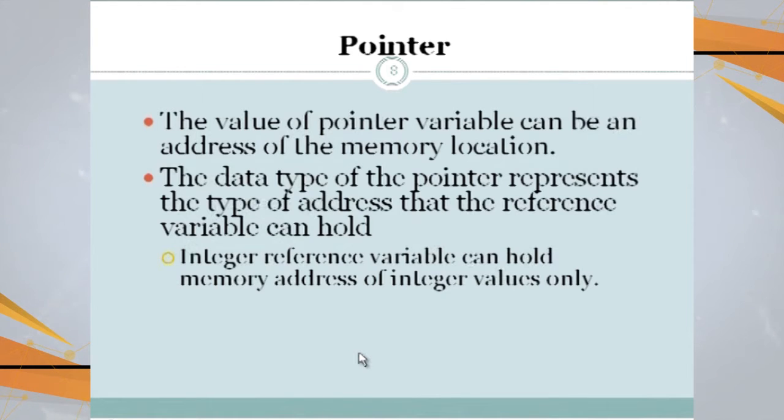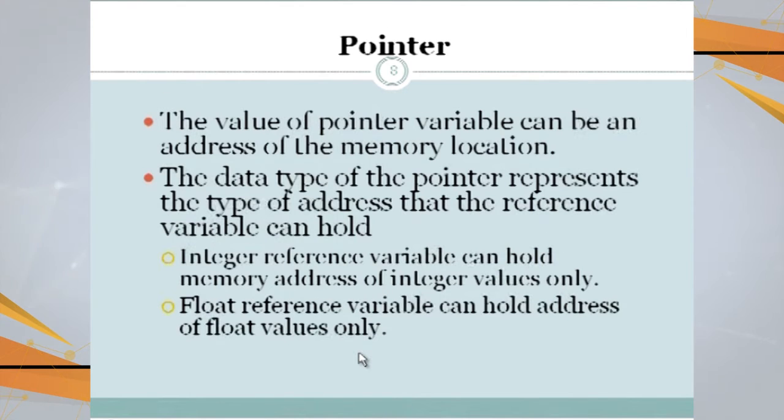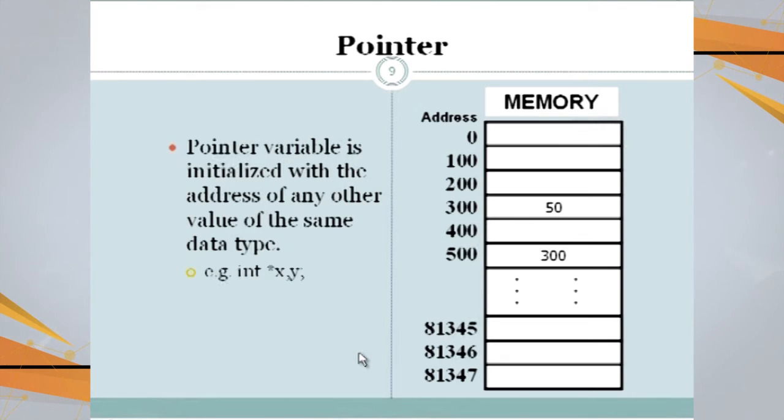An integer pointer variable can hold the memory address of integer values only. A float pointer variable can hold the address of float values only. A pointer variable is always initialized with the address of another variable of the same data type. Suppose int *x, y.